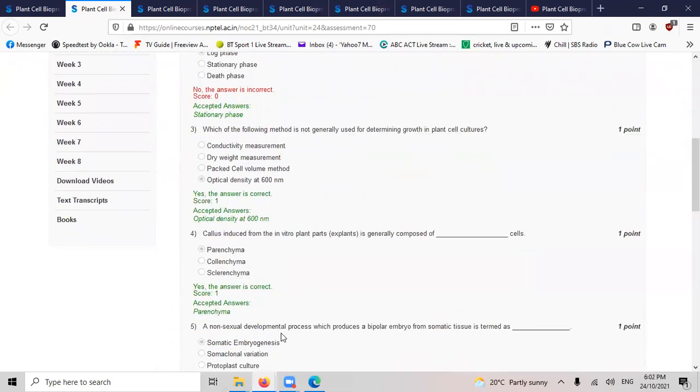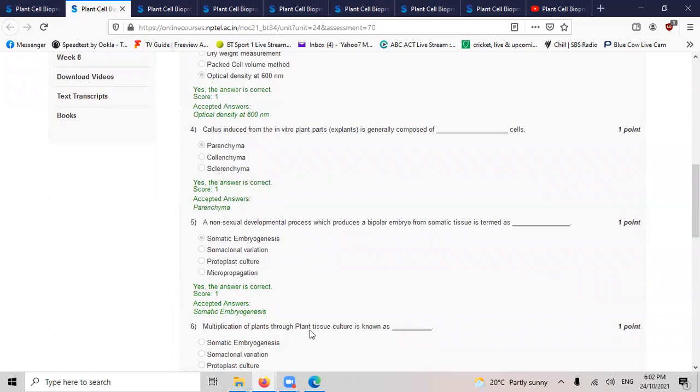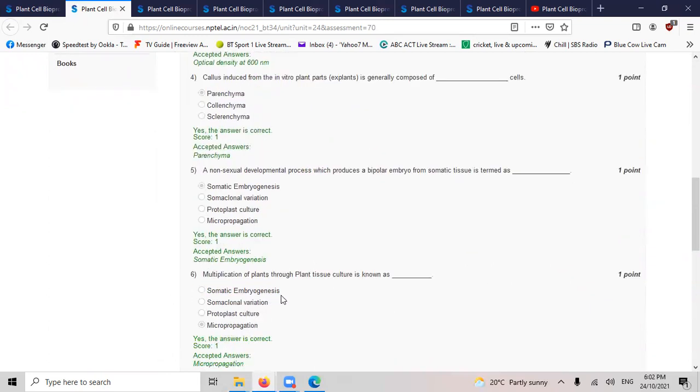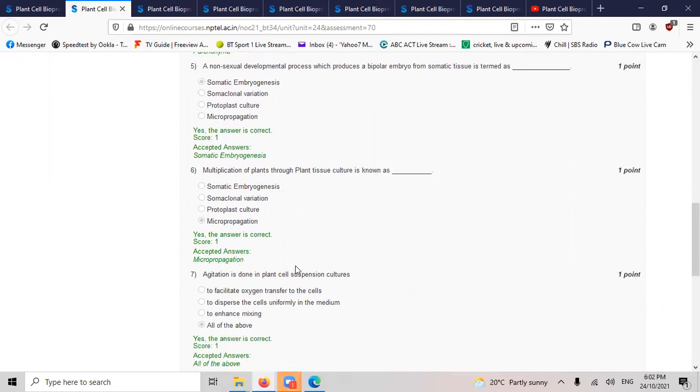A non-sexual developmental process by which the bipolar embryo forms from somatic tissue is termed somatic embryogenesis. Multiplication of plants through plant tissue cell culture is known as micropropagation. Agitation is done in plant cell suspension cultures. True for all of them.